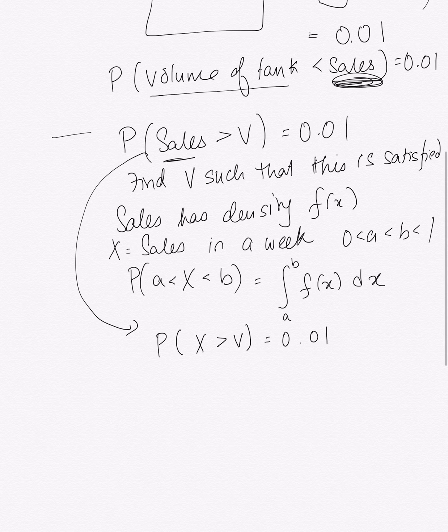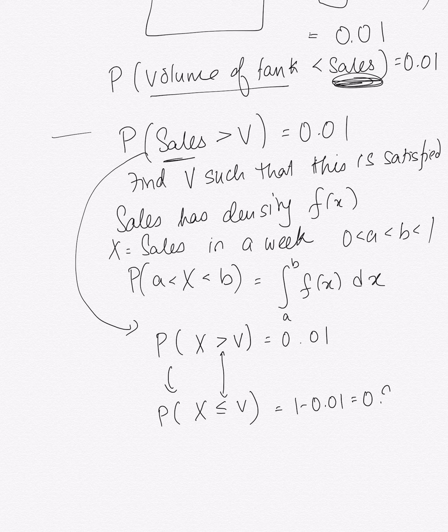All right, so you can also write this in a different way. This is the same as saying probability x less than v. It's a continuous random variable, so it doesn't really matter whether you put greater than or equal to or less than or equal to. Probability x less than or equal to v, that's the complement, is 1 minus 0.01, so that's 0.99.